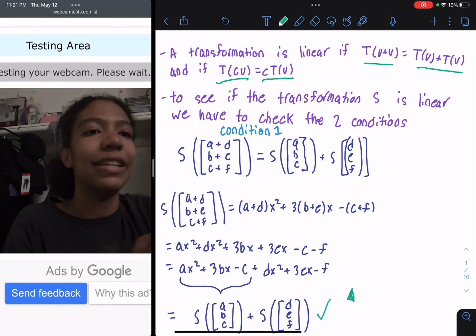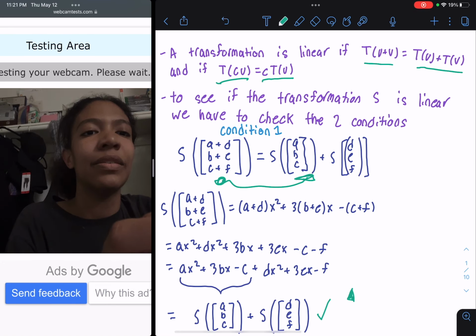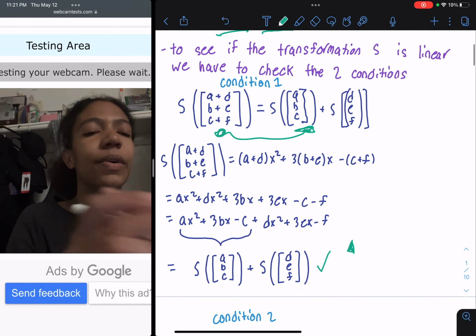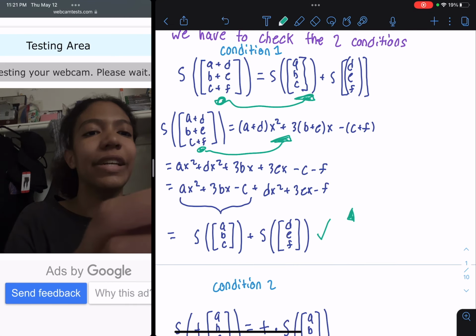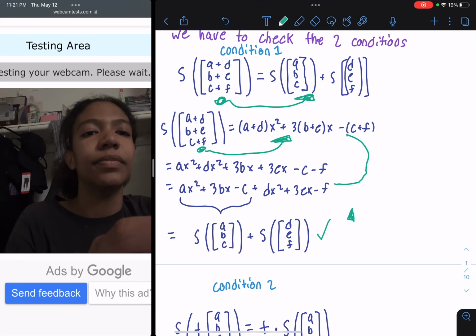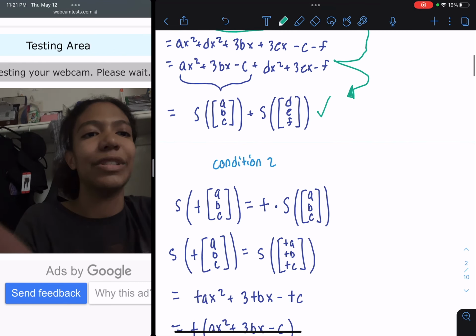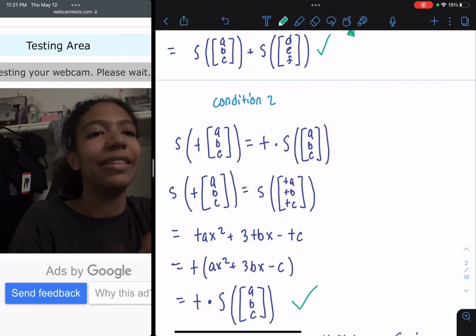So first I needed to show that this would equal this. So I plugged in the first column and the second column, and I got this equation, and I was able to rearrange everything so that this could be this. So condition 1 was proved, and then I had to show that T could be taken out as a scalar.